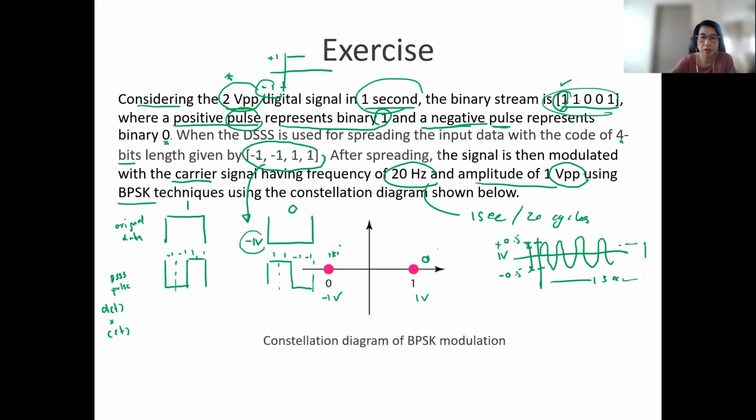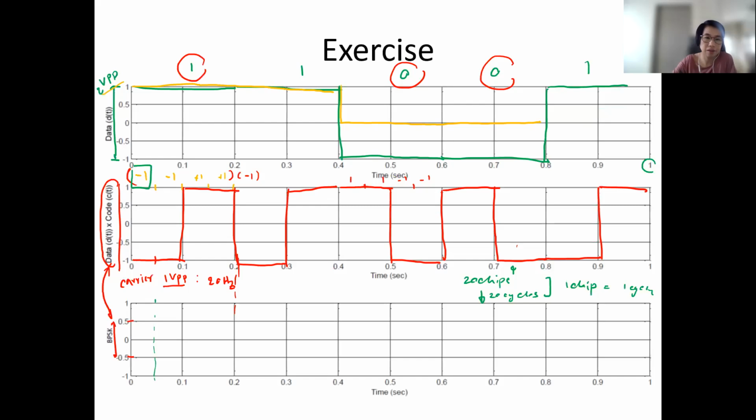For -1, you take a look at the constellation. -1 represents this phase, right? -1 represents 180 phase. So it should be like this, right? This phase is 180, right?